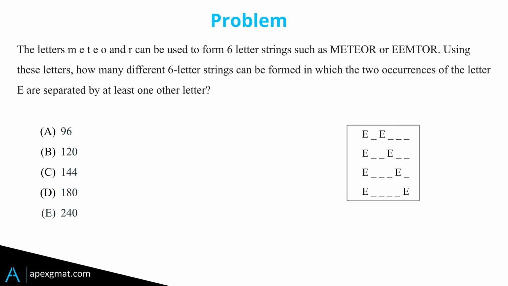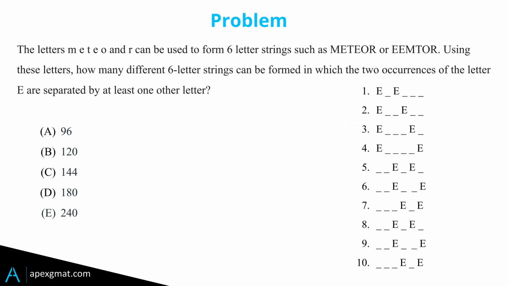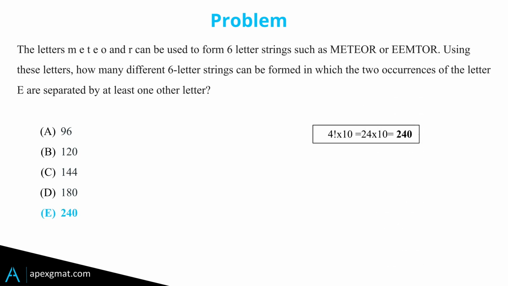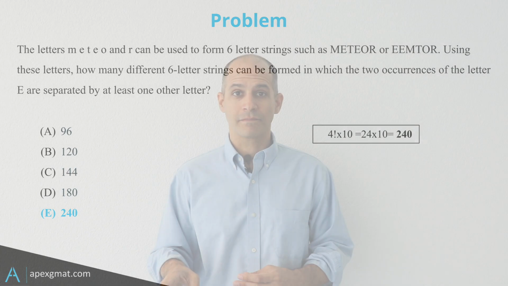So in spots 1 and 3, 1 and 4, 1 and 5, 1 and 6. 2 and 4, 2 and 5, 2 and 6. 3 and 5, 3 and 6, and 4 and 6. That is 10 different ways. Applying the same reasoning we used before, there are 4 factorial ways to order the other letters. So 24 times 10 equals 240.